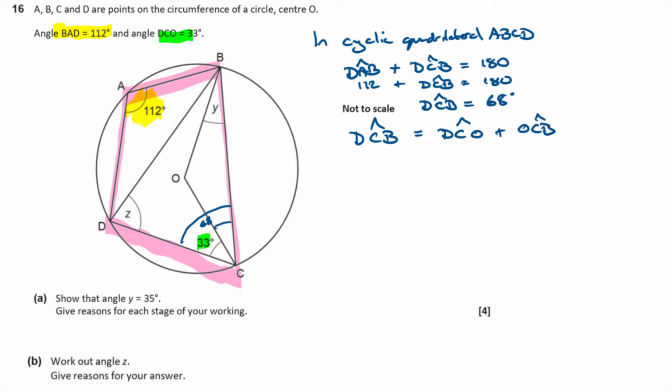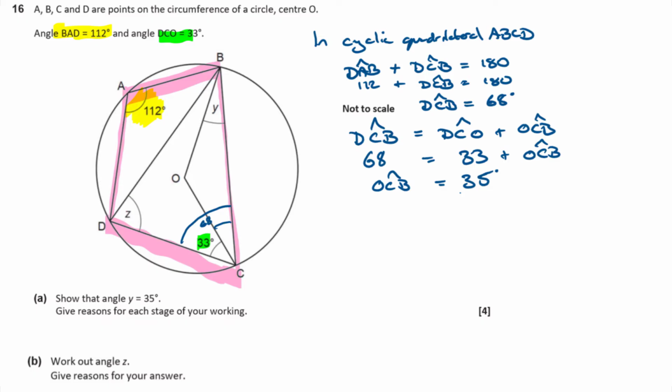Okay, so that's 68 is equal to DCO, which we already know is 33, plus our angle OCB. So that means that OCB then must be 68 minus 33, which is 35 degrees.